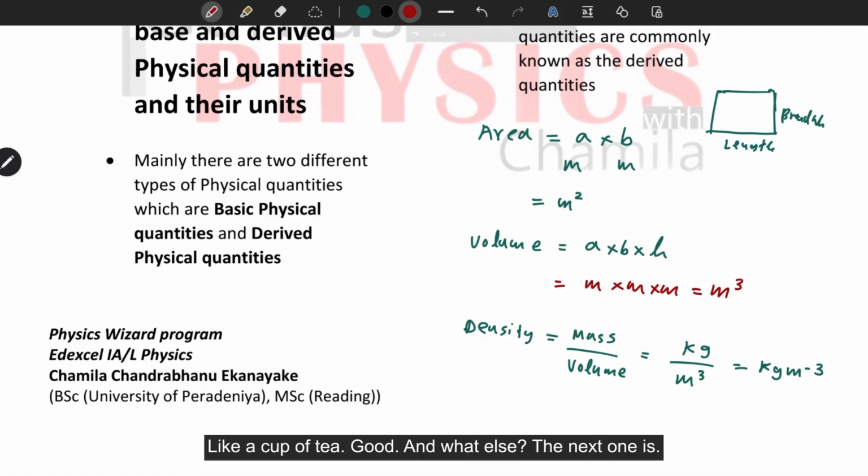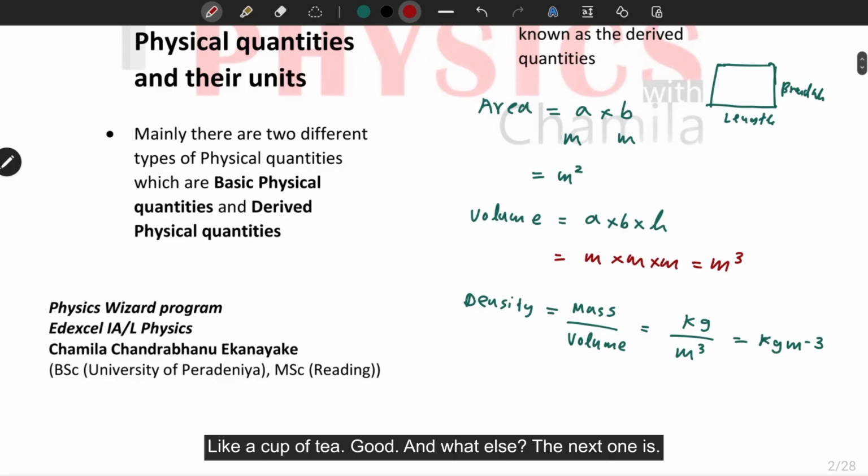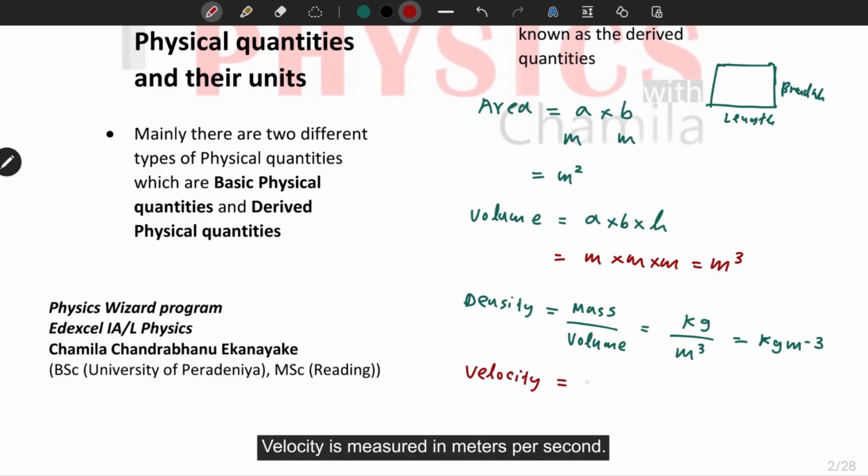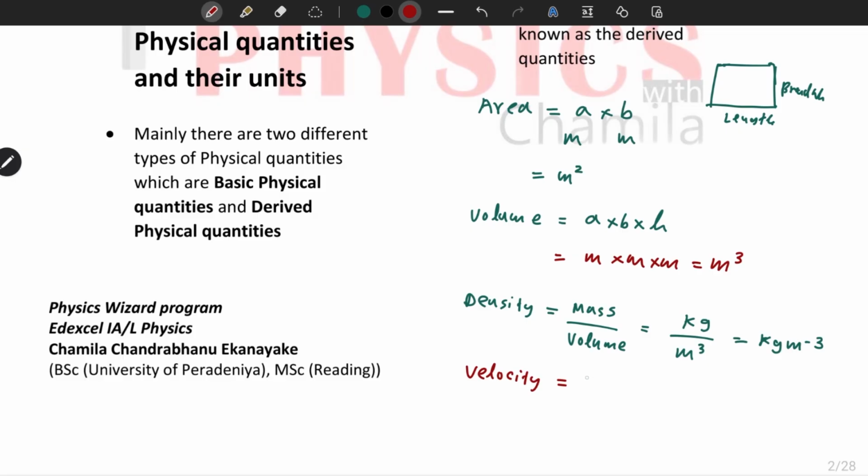Good. And what else? The next one, I can pick one more example, which is momentum. No, we are too early to go for momentum. Something else we can pick. I can pick velocity. Velocity is measured in meters per second. I'm pretty sure you must have heard this before.